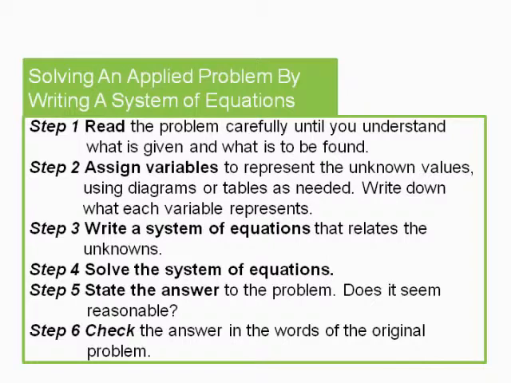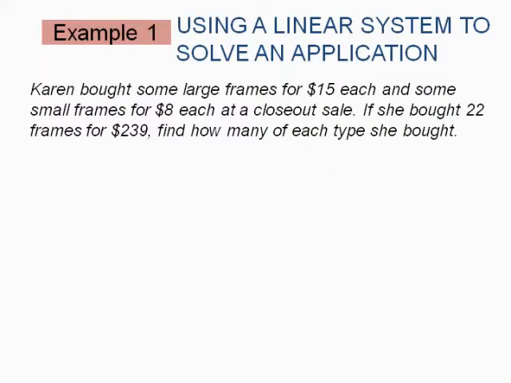Two, assign variables to represent the unknown values. Using diagrams or tables if needed, write down what each variable represents. Three, write a system of equations that relates the unknowns. Four, solve the system. Five, state the answer to the problem. Does it seem reasonable? And as always, check and make sure your answer makes sense.